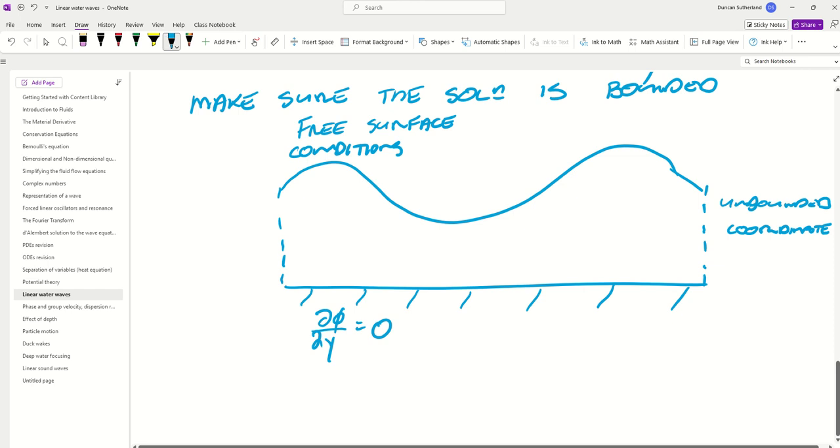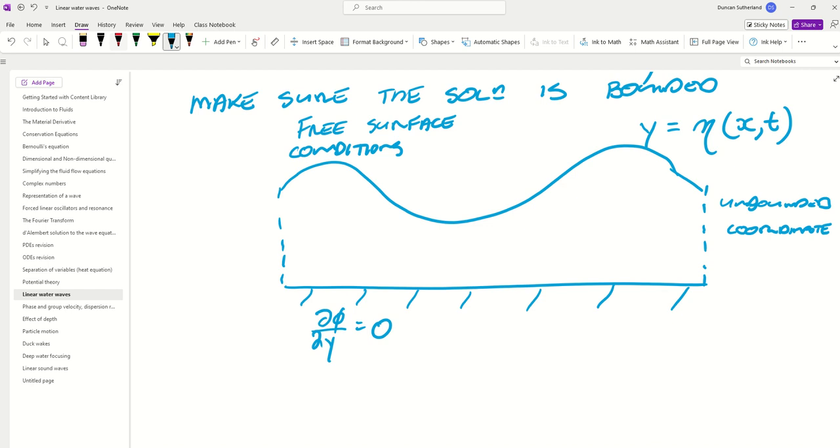What we're going to do is firstly define the coordinates. We're going to say that this free surface is equal to y, and we're going to call that eta of x and t. That is the free surface. That is the height of this wave as we vary in both x and time. We're measuring from the 0 line, which is along here.